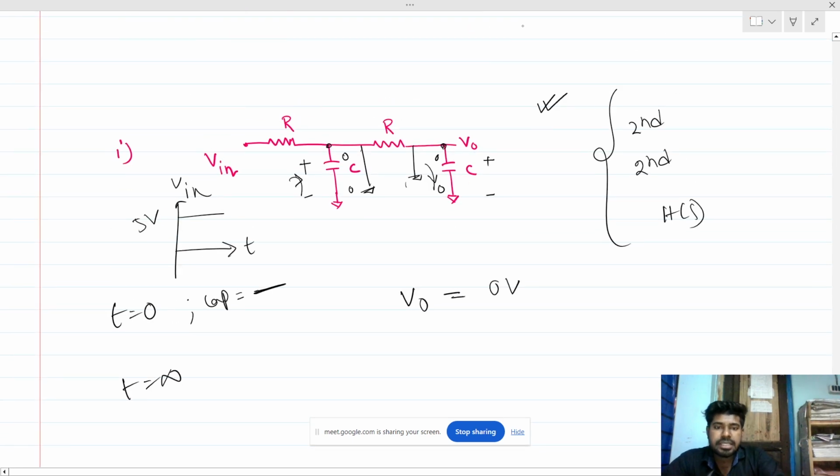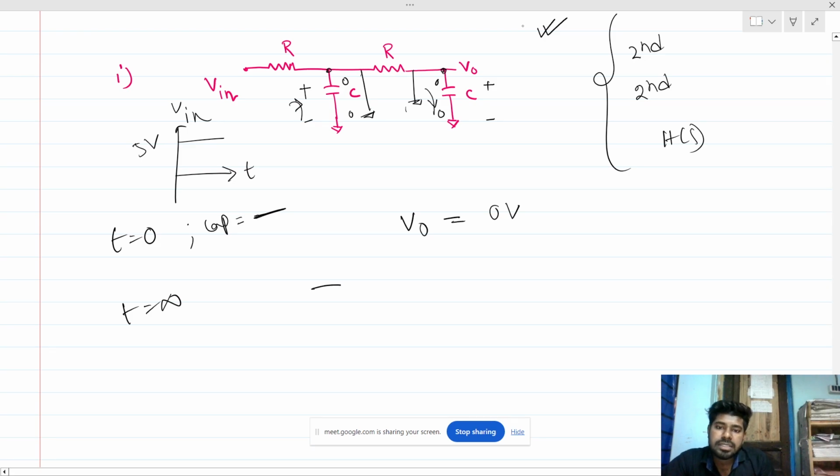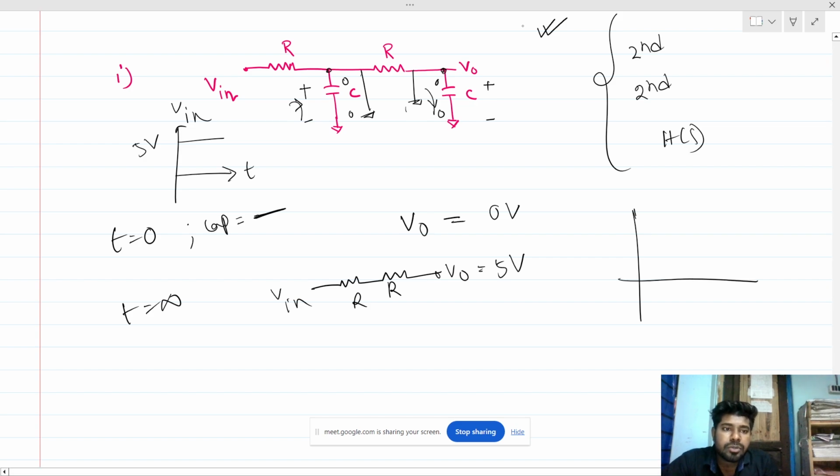So the circuit will look like that, and the output will be nothing but V in itself. So this is 5 volt. So you will plot like that: this is time, and it was 0 initially and it was 5, right?